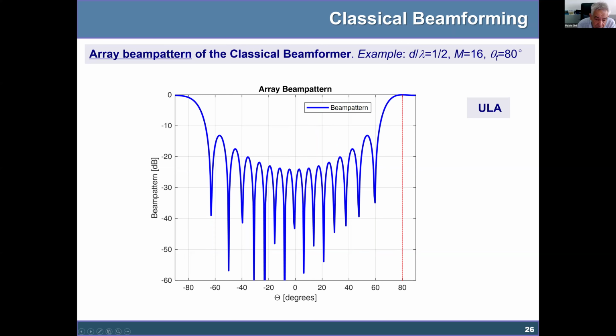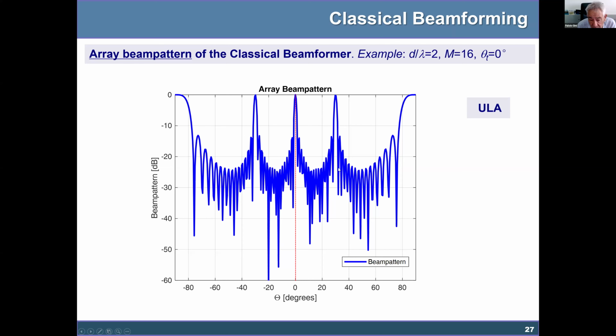The effect is the following: you don't have anymore a single peak in the interval minus 90, 90, but you have multiple peaks. So this introduces ambiguity. Because if you have a signal, you don't know if it comes from 0 degrees, from this other angle, or from this other angle. So you are no more able to estimate unambiguously the directional arrival of your target.